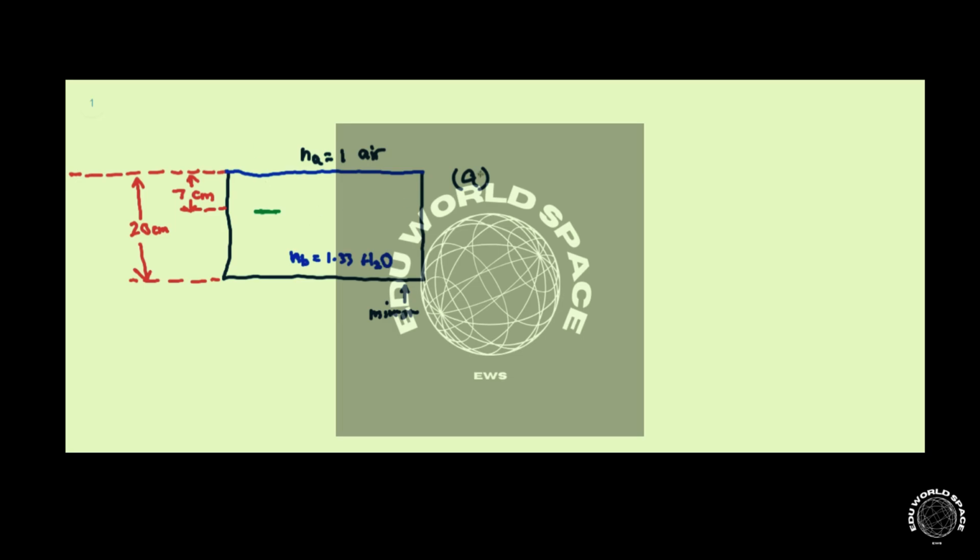So the way we'll solve this problem is to use equation 34.13. And this is the equation for a plane mirror, when you are in two different media. So we have NA, which is the index of refraction of medium A, over S, plus NB over S prime.